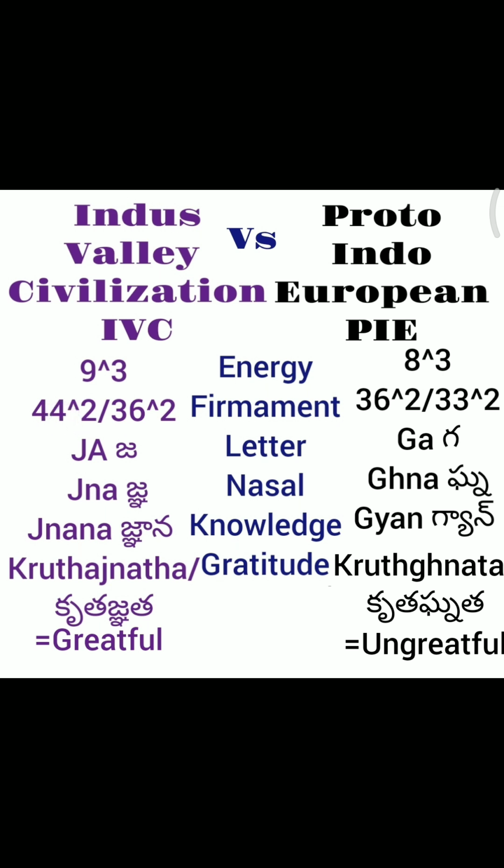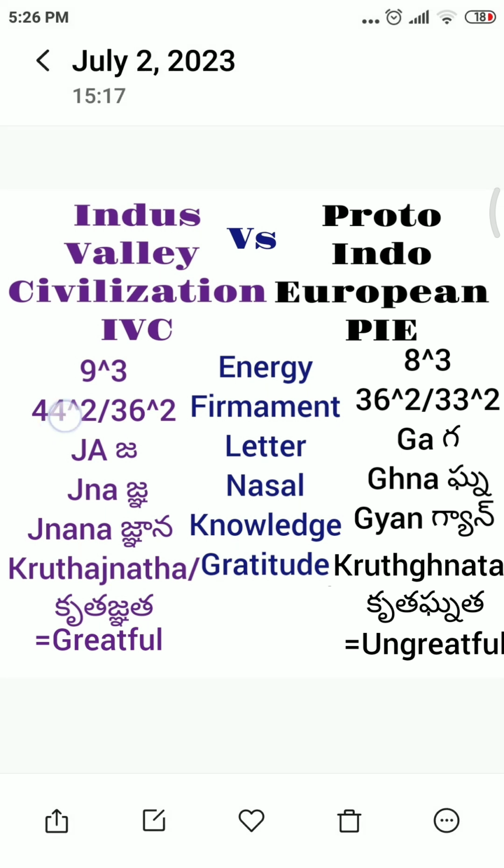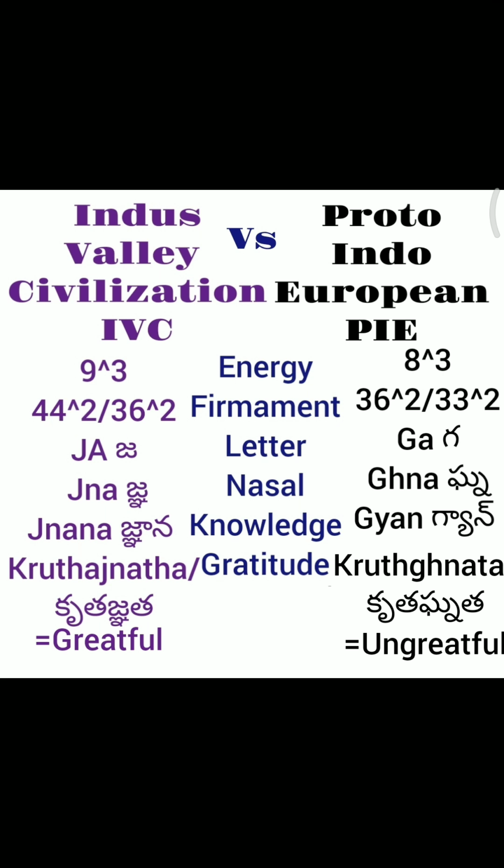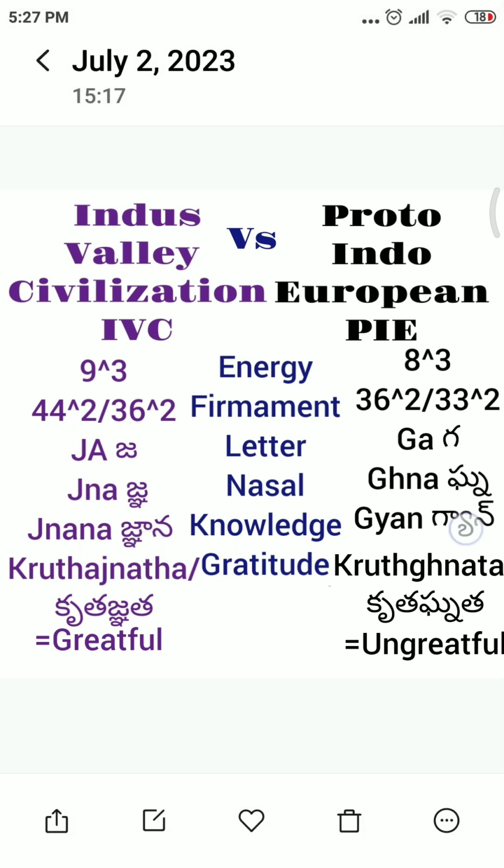Ra is nothing but 4 into 11, 4 eyes in terms of 11, if you consider 11 an eye. So this guy has 4 eyes, this guy has 3 eyes, and so the knowledge difference between Jnana and Gyan is very high.